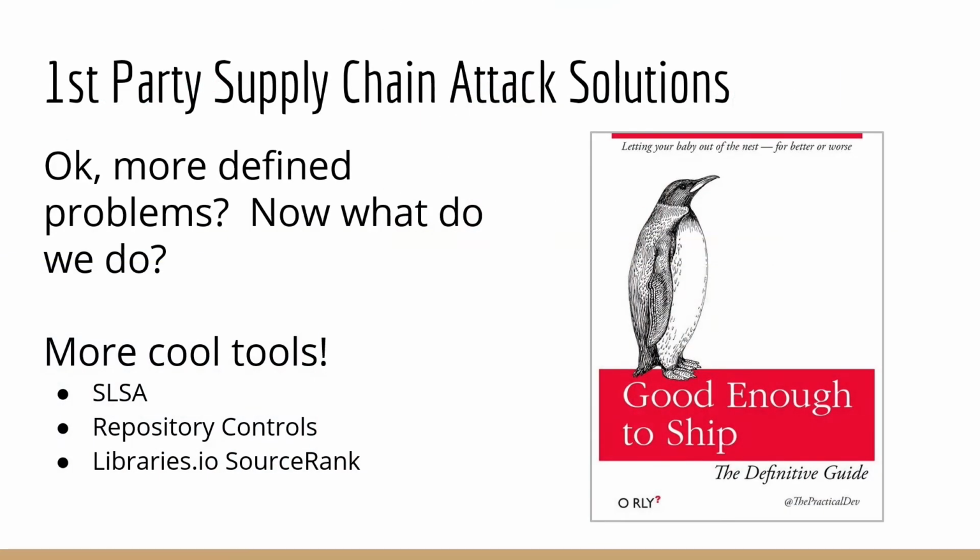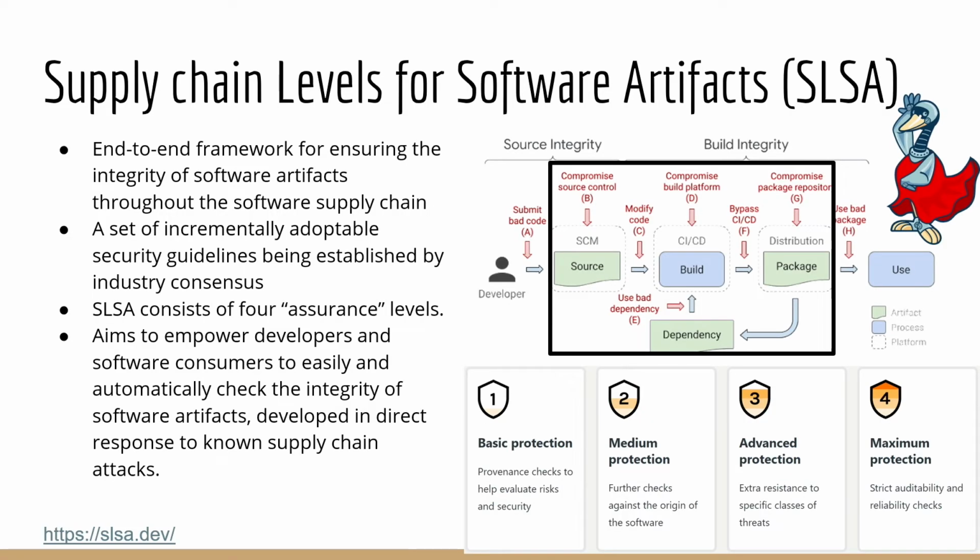Okay, more problems. I want to talk about a tool called SALSA, some repository controls, and another tool called SourceRank. So SALSA, Supply chain Levels for Software Artifacts. It's an end-to-end framework to ensure the integrity of the software you are using or including is secure.